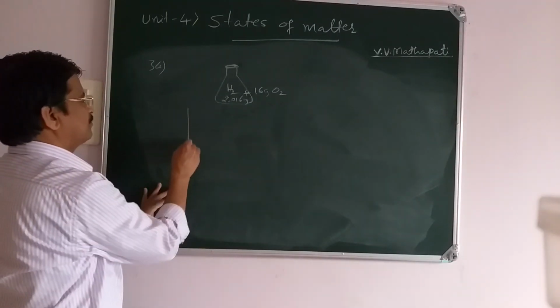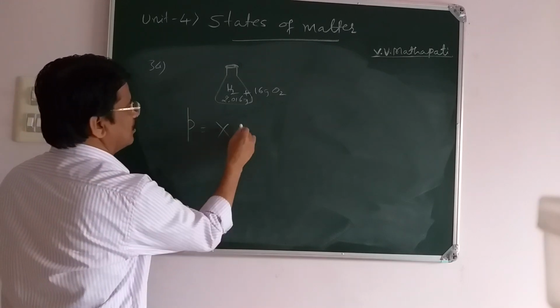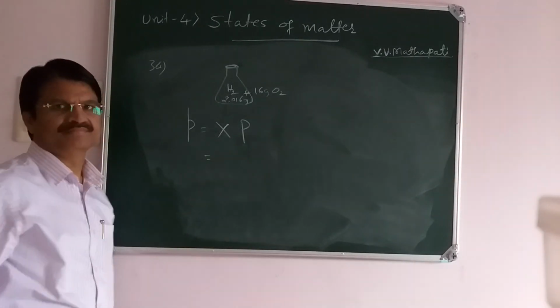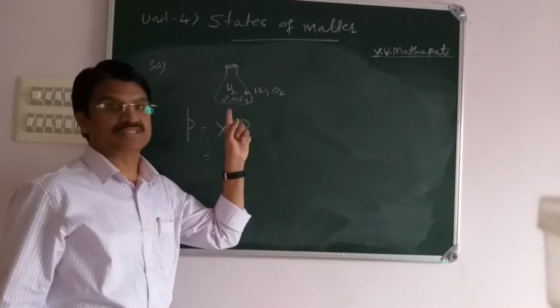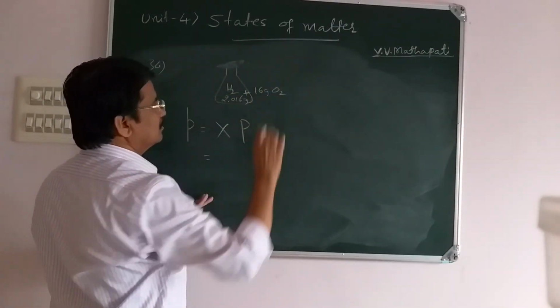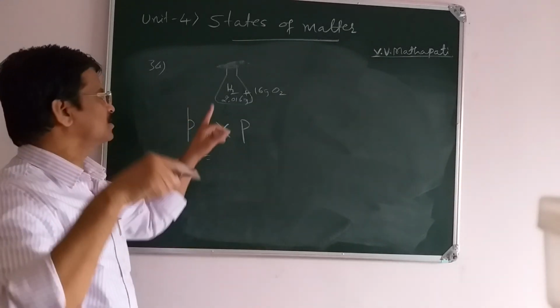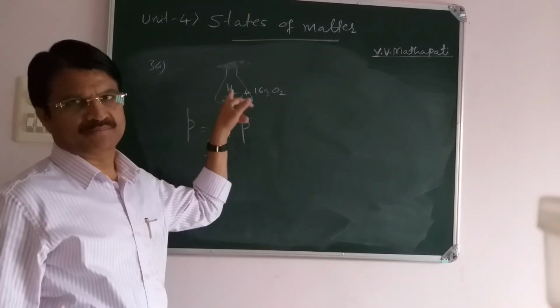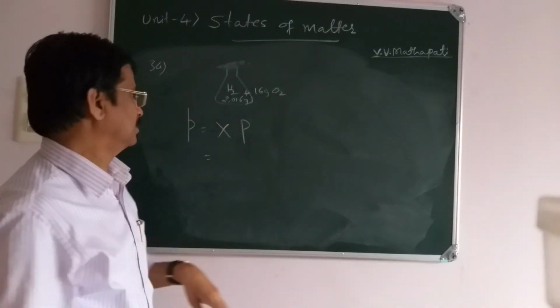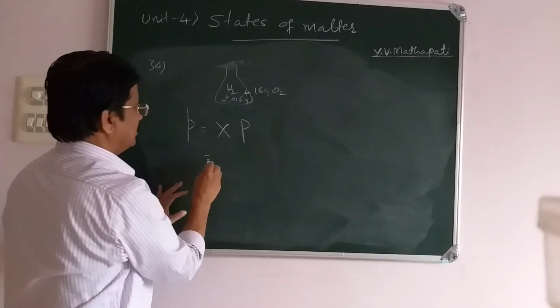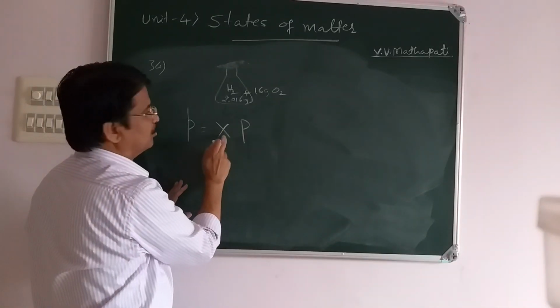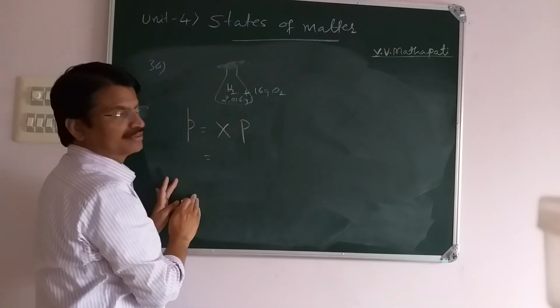You know the partial pressure formula? Mole fraction into total pressure. They are asking what is the partial pressure of hydrogen in the vessel. But mass of gas, mass of O2 given. Okay, simplify. Mole fraction of H2 to find out.